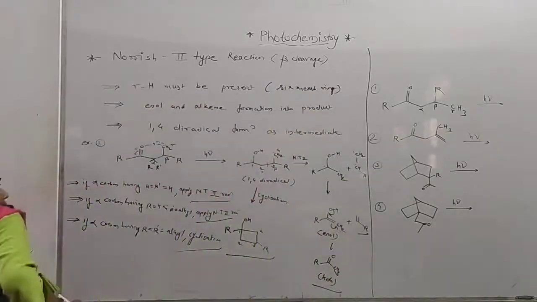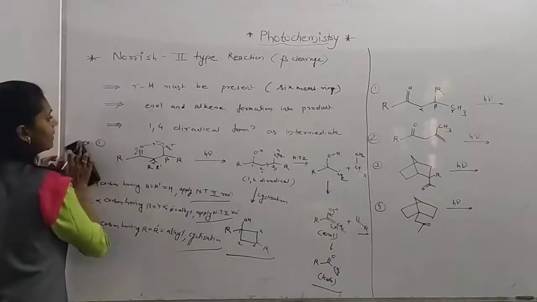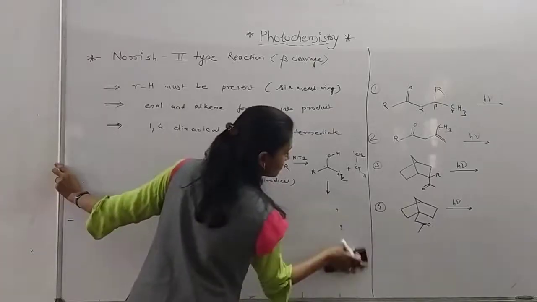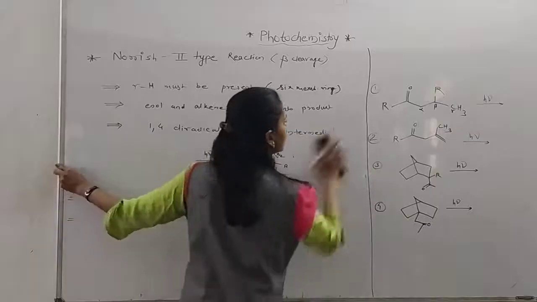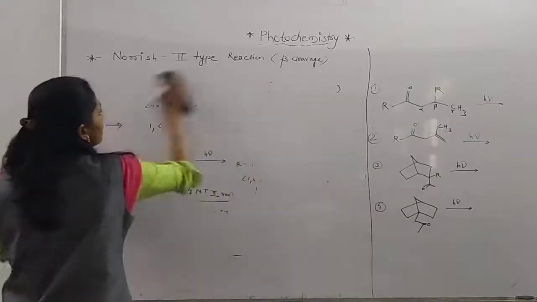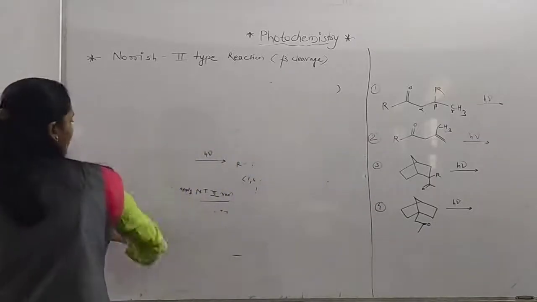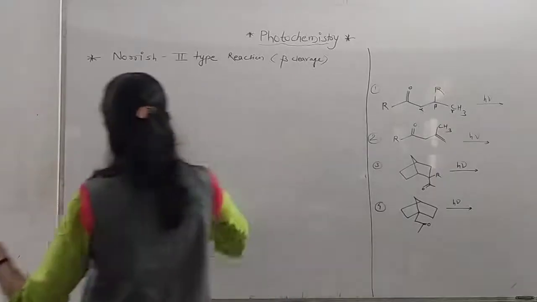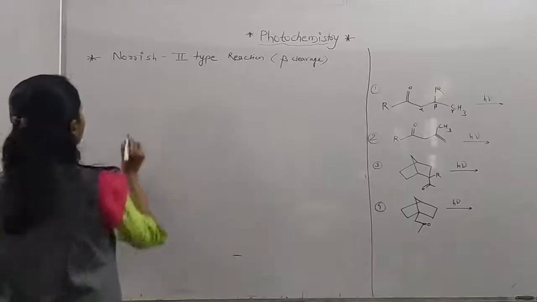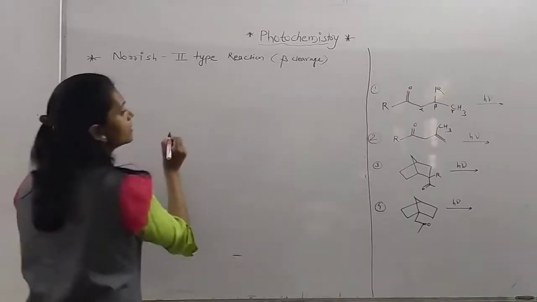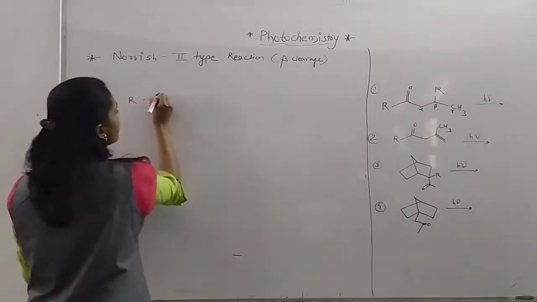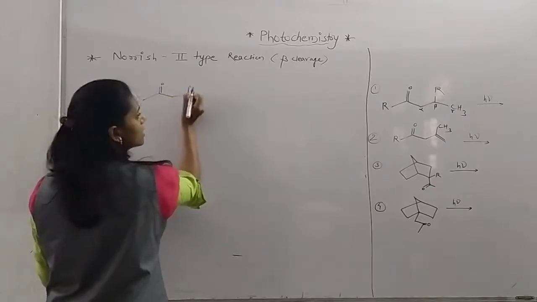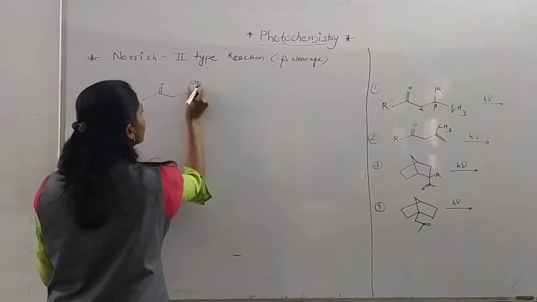Now we go to the next example, the second example here. The second example is this R, carbonyl group, this alkene system, and this CH3.